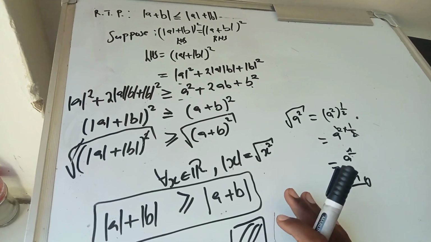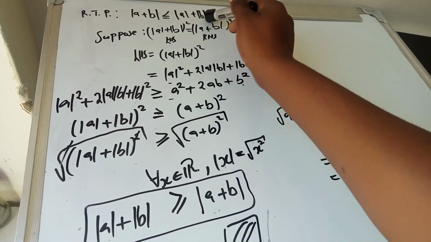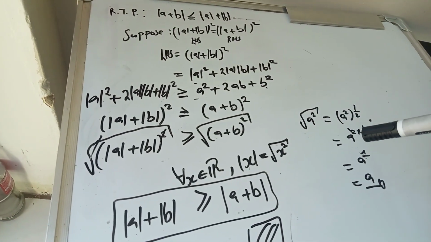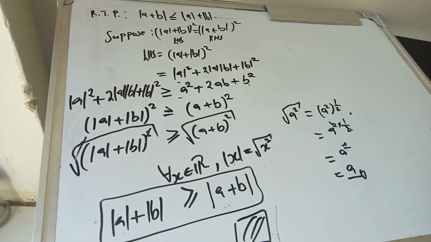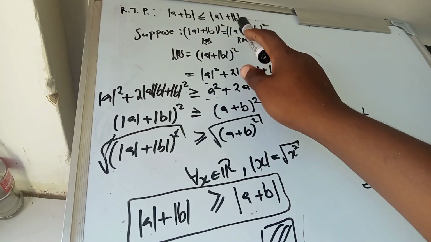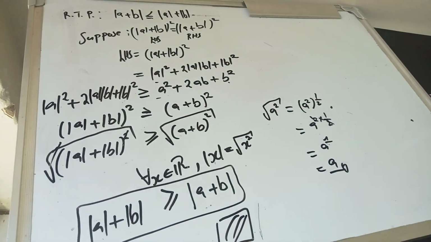Now this is what happened. I just took this side, then I squared it. I took that side, squared it, or I have used this side to prove this side.